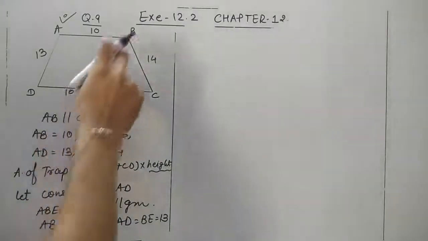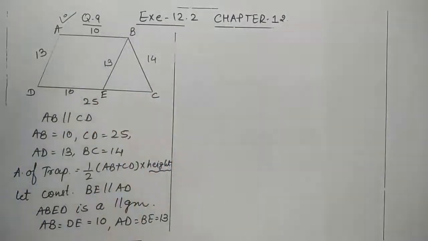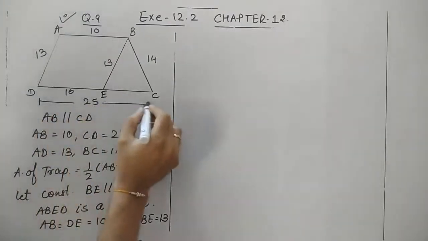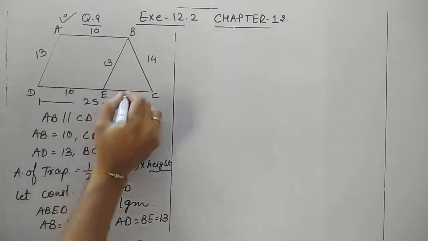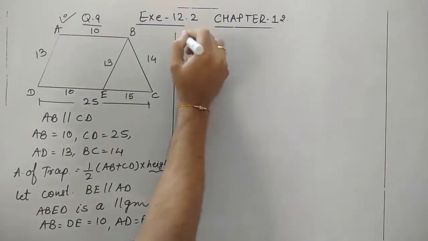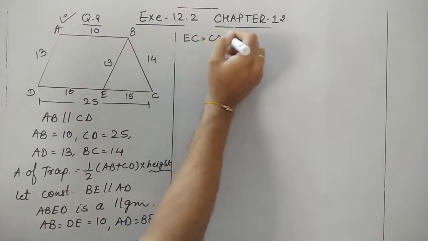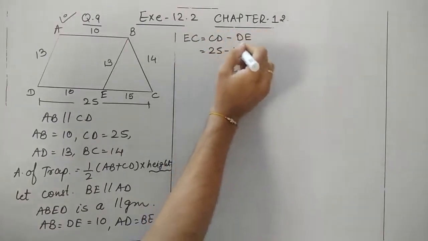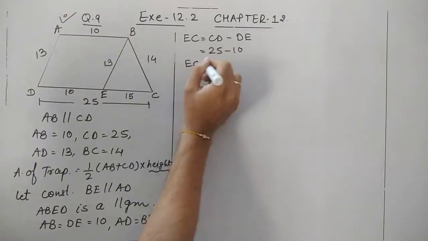Now you can see that it becomes a triangle BEC. The whole length CD is given 25, this is 10, so let us find out that CE is equal to CD minus DE, that is 25 minus 10. So we obtain CE equal to 15.